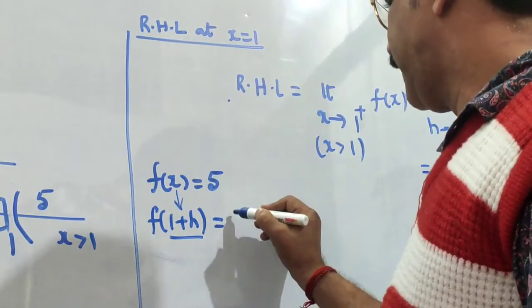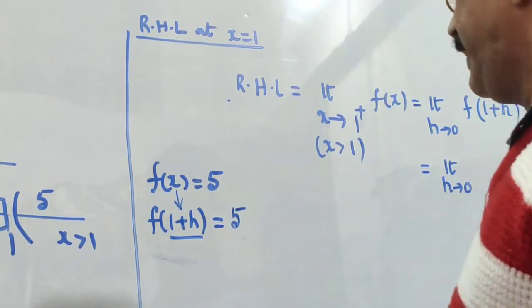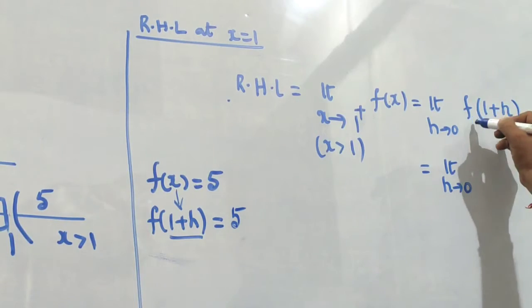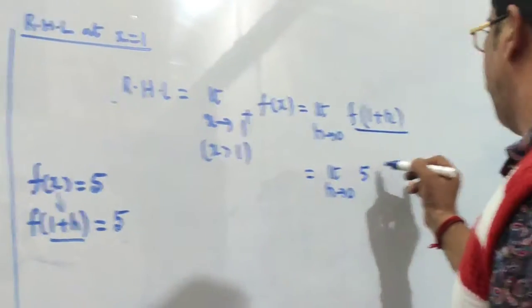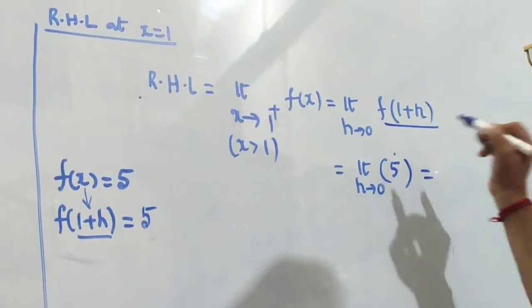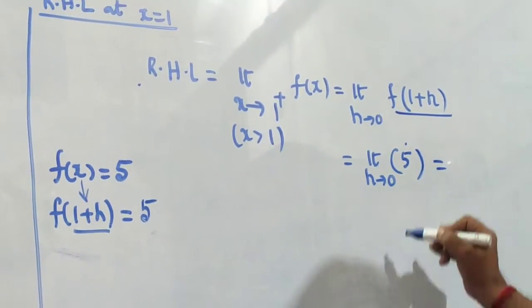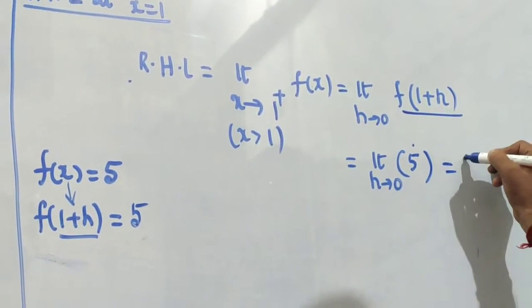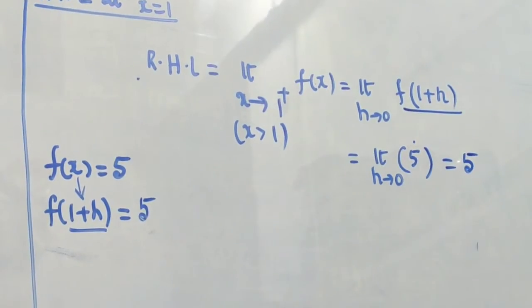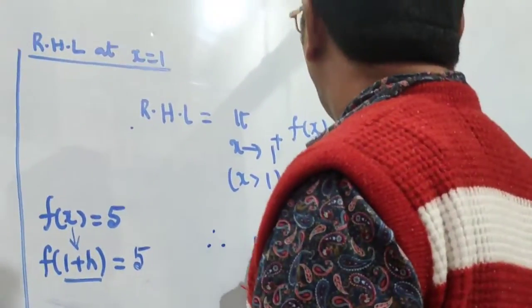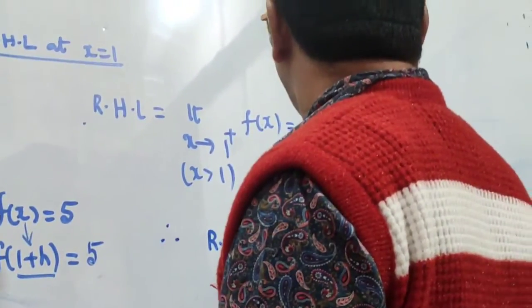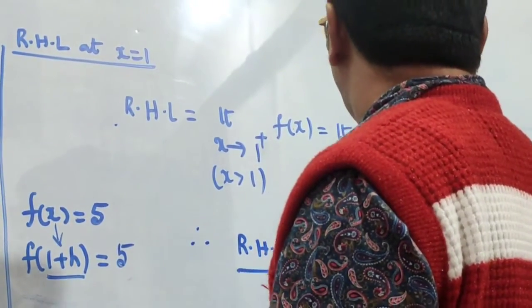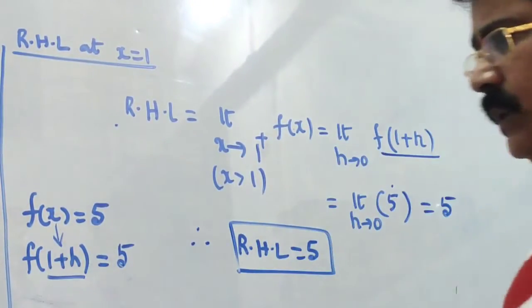But there is no x, therefore it is constant for every different value. So this value is just 5. Since it is a constant, there is no h to substitute 0. So right hand limit equal to 5.